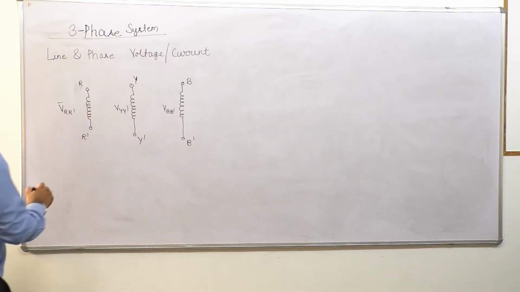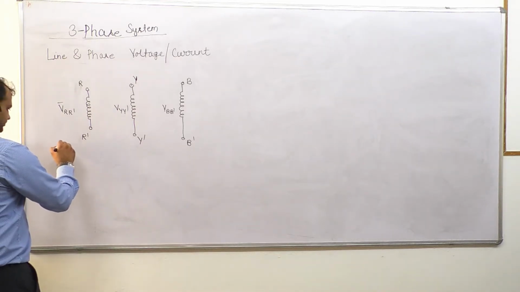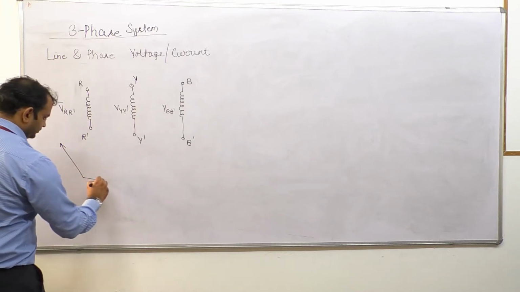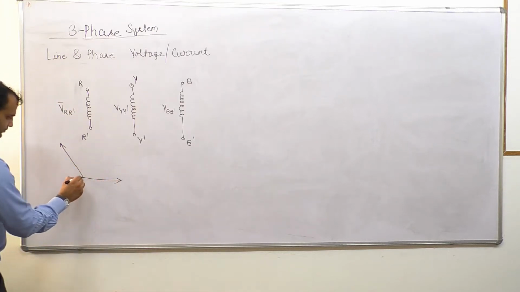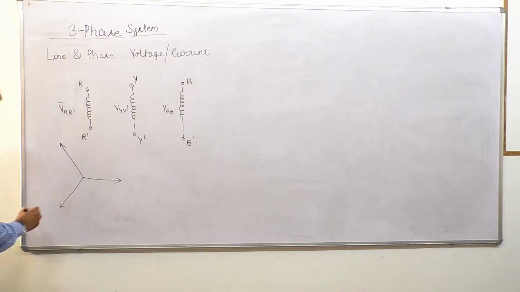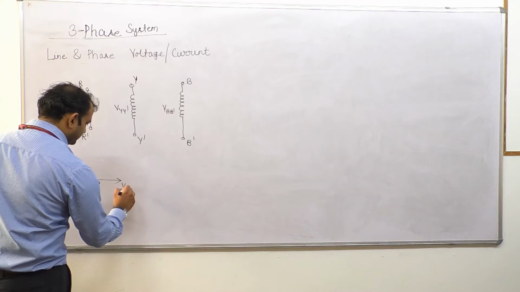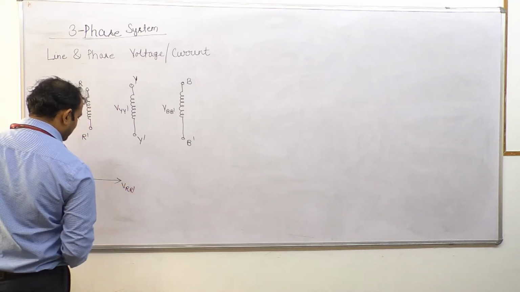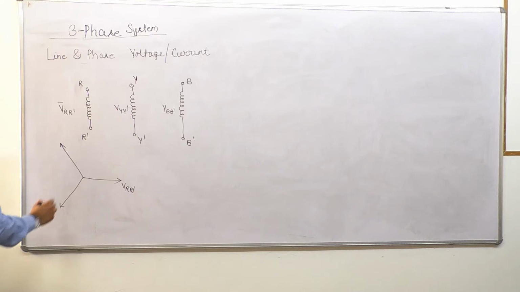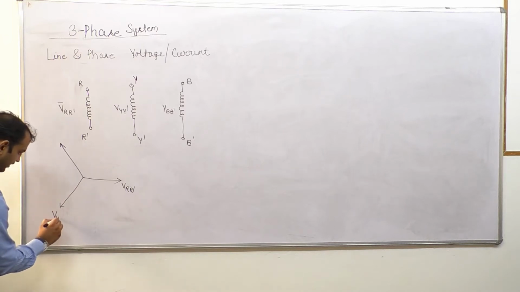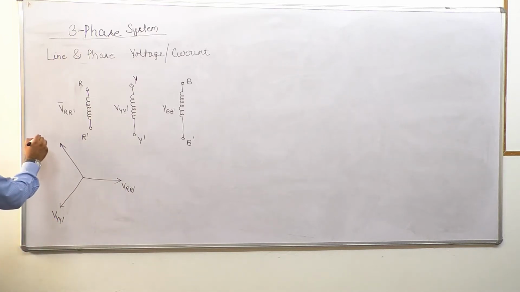If we go for the balanced system, this is our balanced system in which magnitudes are equal and phase displacement between the phases is 120 degrees. So we consider V R R dash, V Y Y dash, and this is V B B dash.